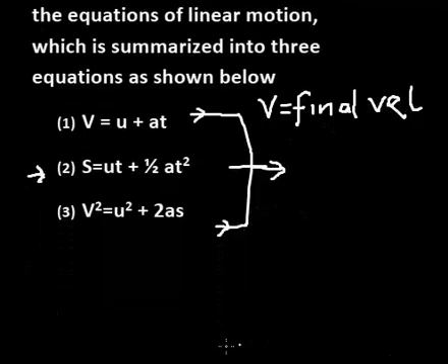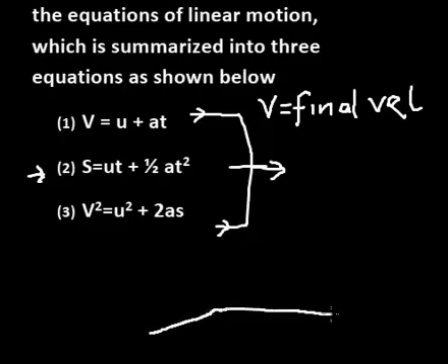There's always a starting speed and there's always a final speed. So u is the initial speed or velocity. Please take note of that: u is the initial speed, while v is the final speed or velocity.